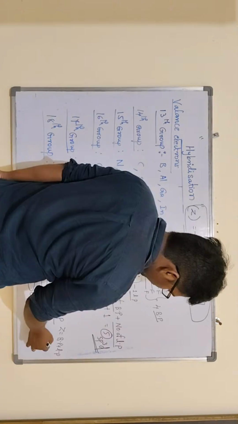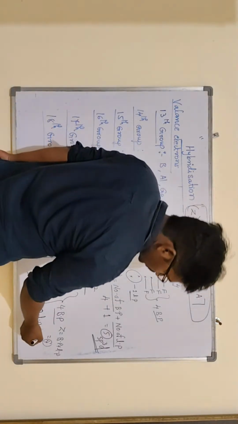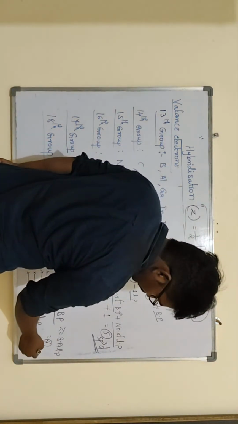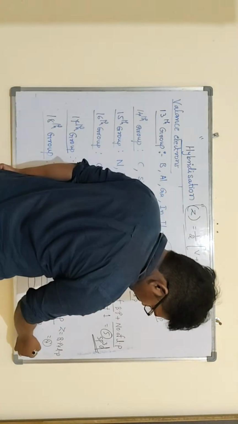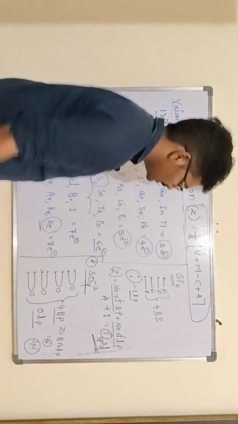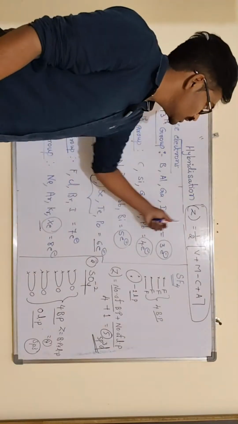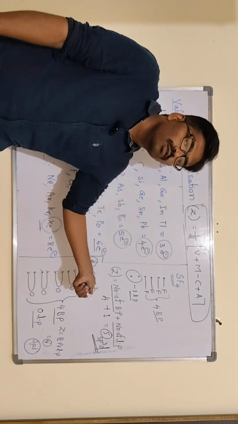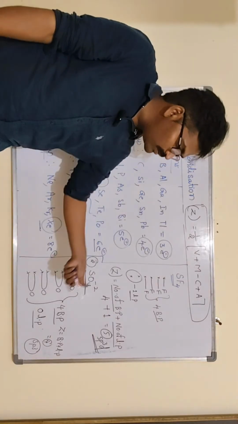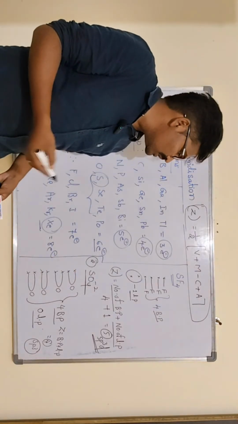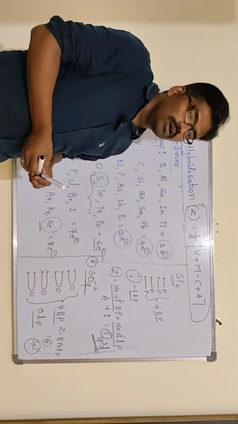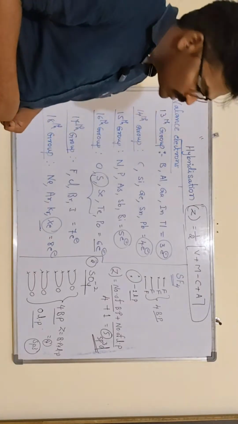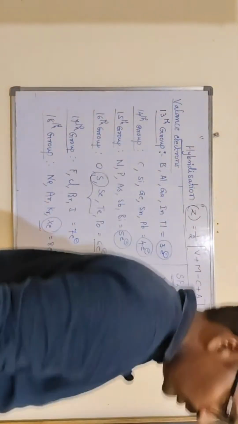Bond pairs are 4, lone pairs 0, so steric number 4, sp3 hybridization. Previously, by using the formula, we calculated the Z value for SO4 minus 2. The same answer we got. So even if you use the shortcut trick, you get the same answer. Some more examples we will see. So note it.